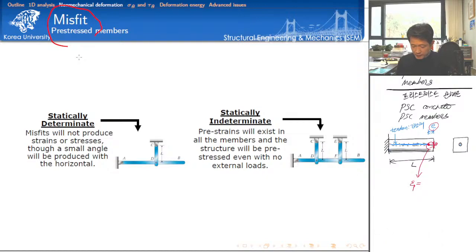But here in the prestressing technology, the tendon is shorter than the reference length. Are you still thinking that the pre-stressing strain is positive? Anybody who is thinking it should be a negative strain?